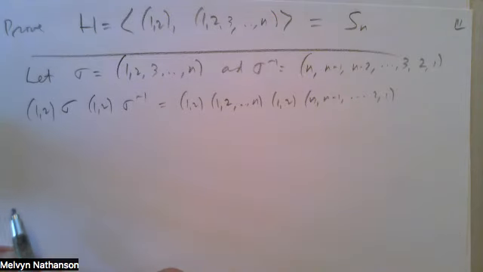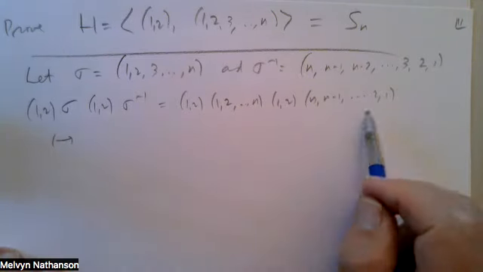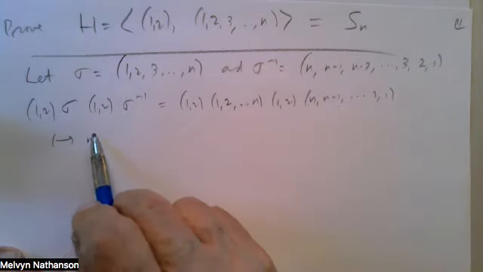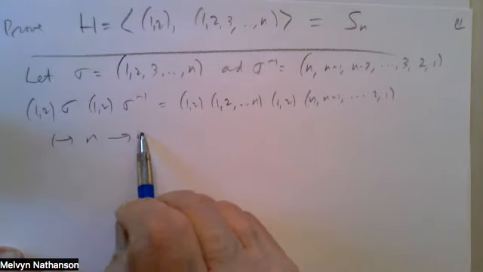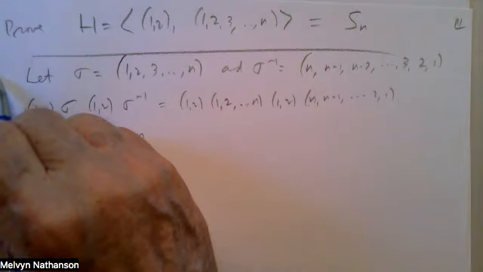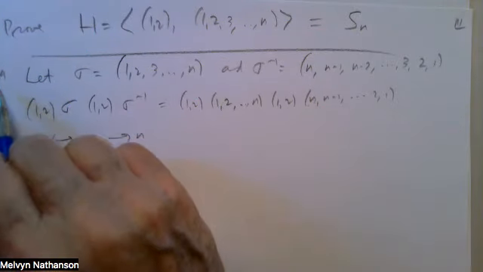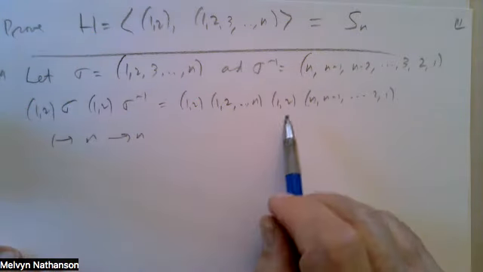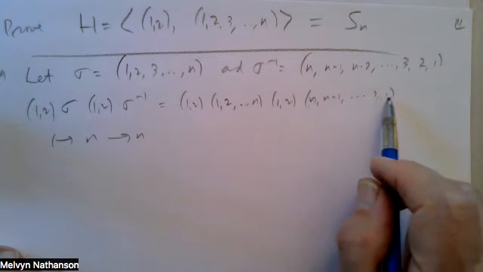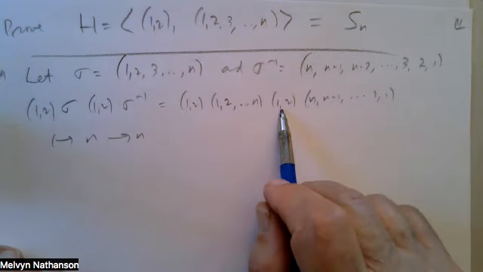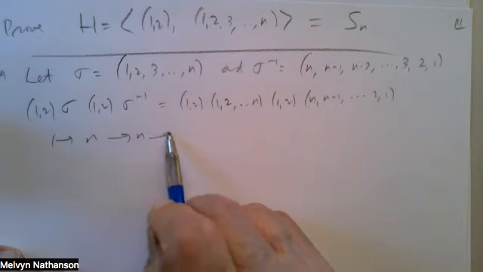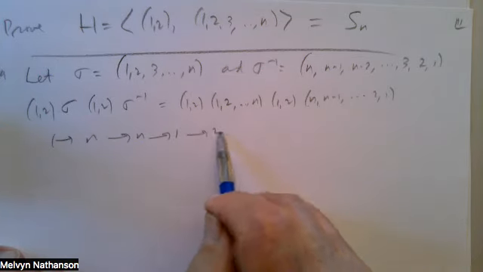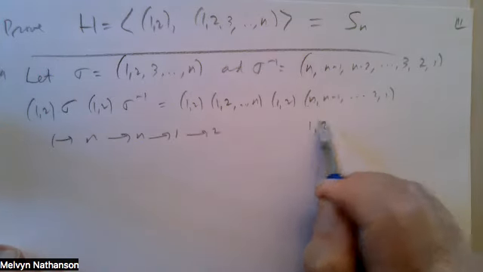So let's just trace some of the elements. 1 goes to n. This sends n to n. I'm assuming now that n is at least 4, because I already handled the cases 2 and 3. So 1 goes to n goes to n goes back to 1, and 1 goes to 2. So 1 goes to 2.